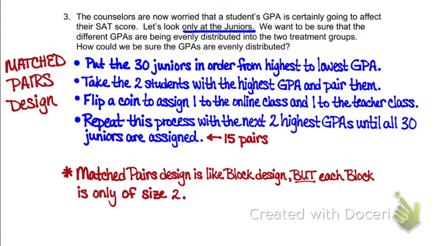Can you explain the block again? Yeah. So in blocking, when we use a block design, it feels like stratified sampling, right? So if the counselors are like, man, just seeing these scores roll in year after year, our seniors seem to be more motivated or they've had more experience with testing in general.